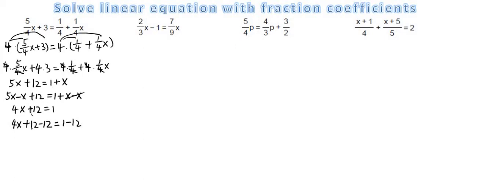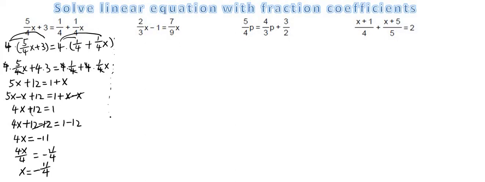So 12 cancels out. We have 4x equals negative 11. And then we're going to divide by 4 for both sides, and we get the answer: negative 11 over 4.